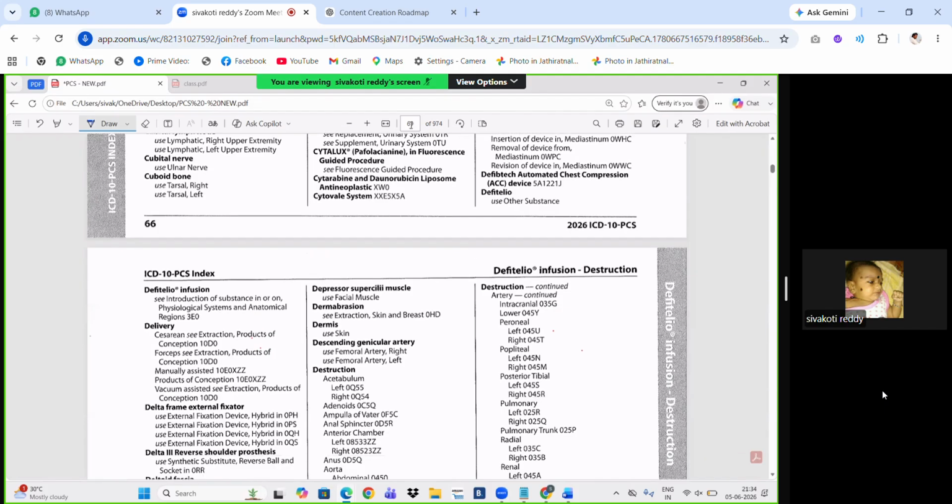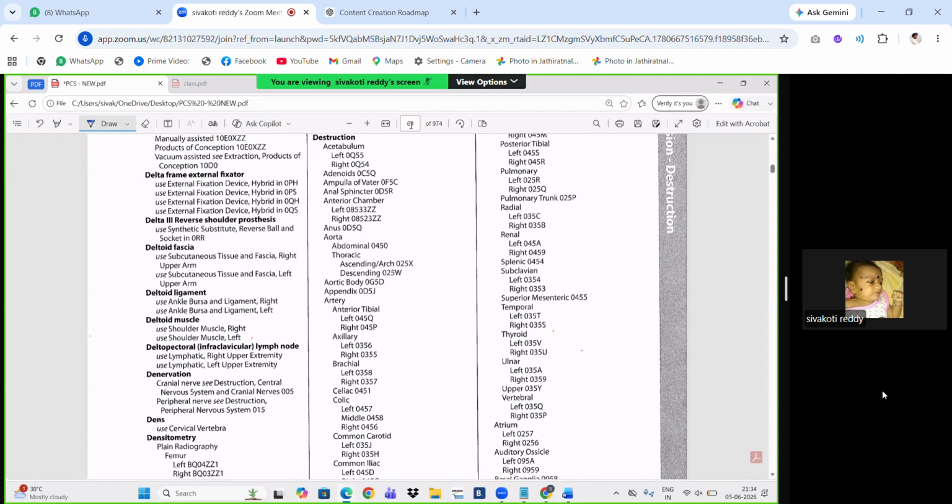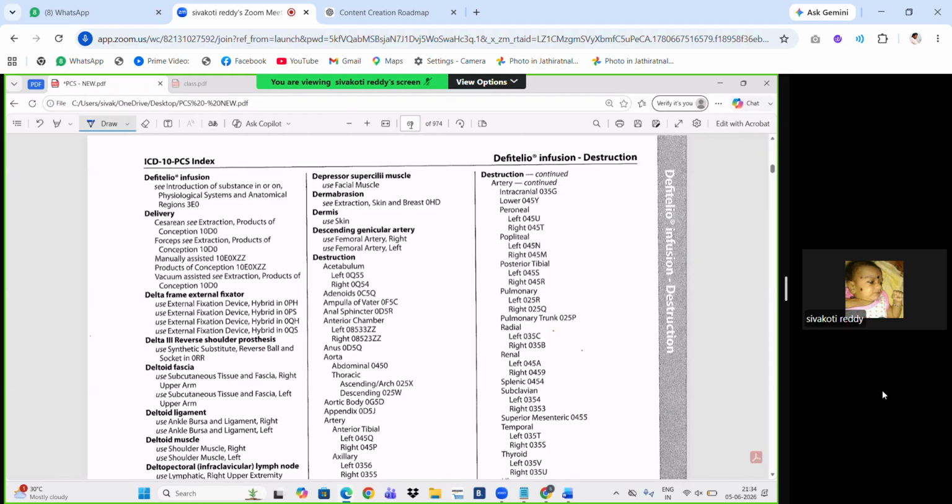So if they have done any delivery procedure, check first delivery in the index. Here they have given C-section, manual assisted, vacuum assisted, forceps. They gave C-section extraction, products of conception. Forceps, extraction, products of conception.